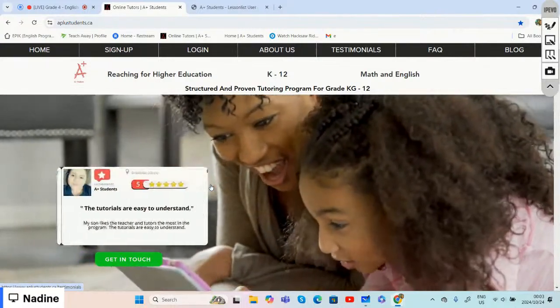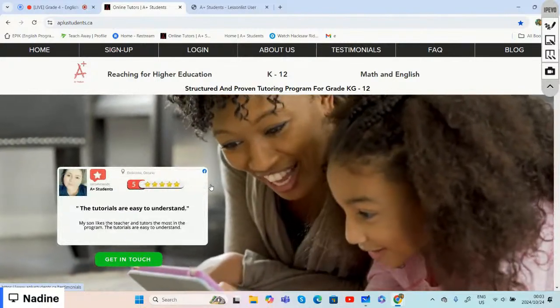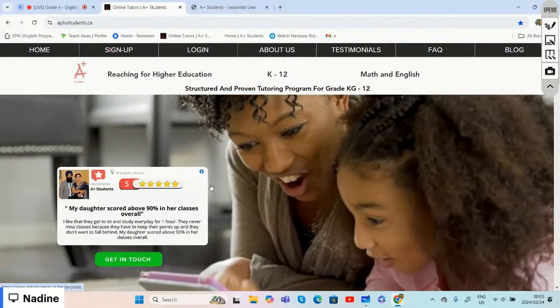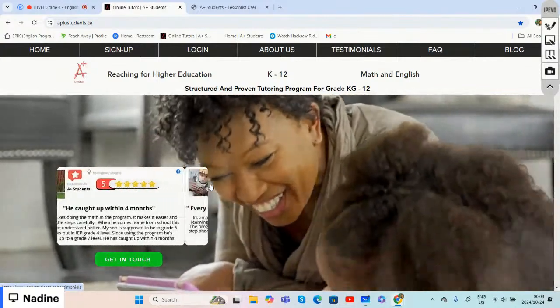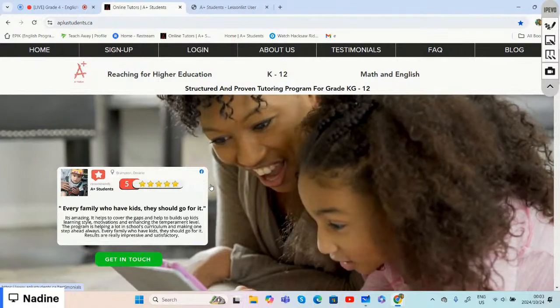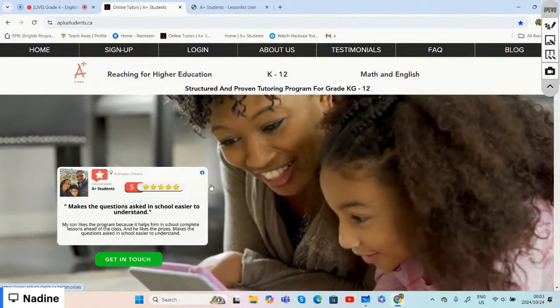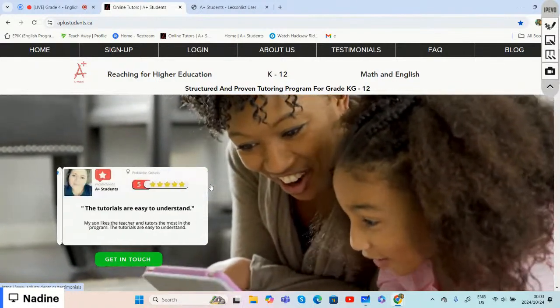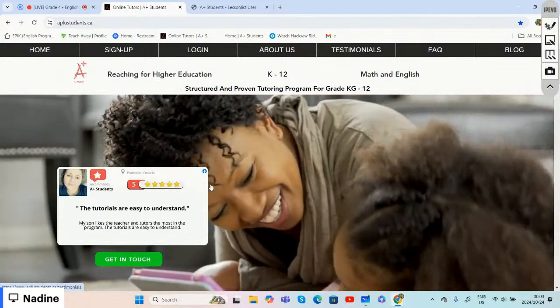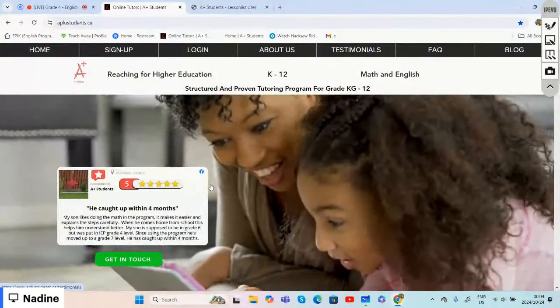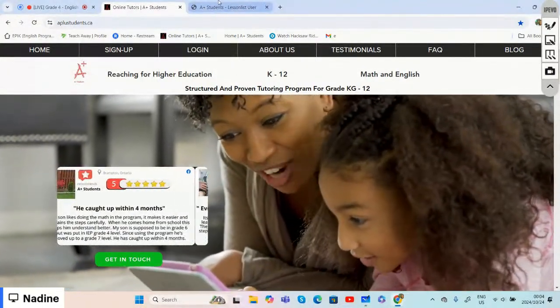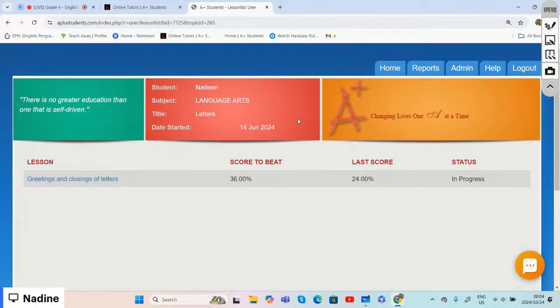We're doing grade 4. Once we've selected grade 4, we're going to scroll down until we get to our chapter of letters.